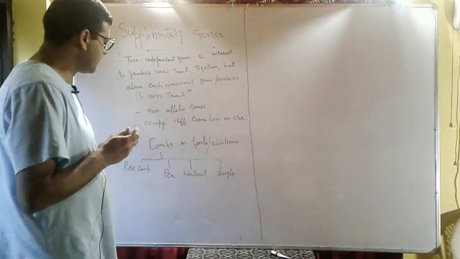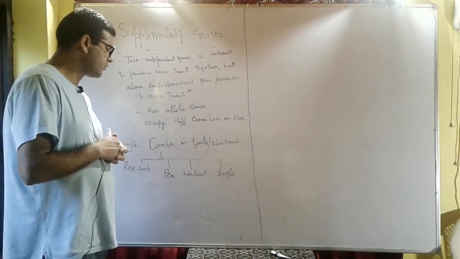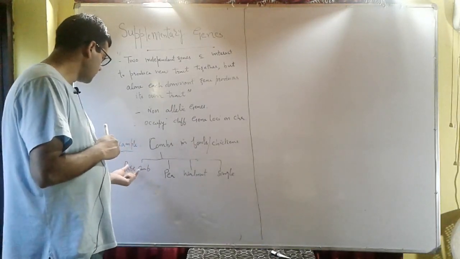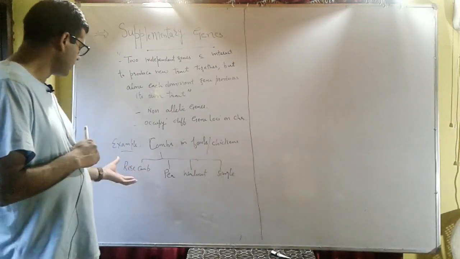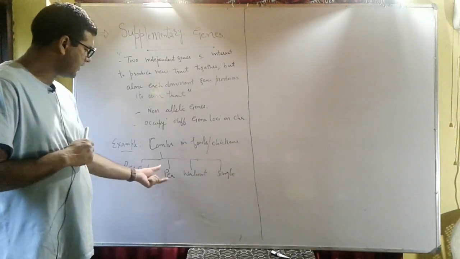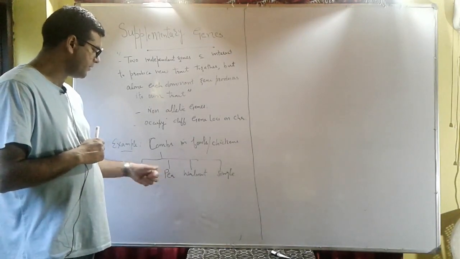So in chickens there are four types of combs: rose comb, pea comb, walnut comb, and single comb. This rose comb is produced by the dominant gene R, and this pea comb is produced by the dominant gene P.